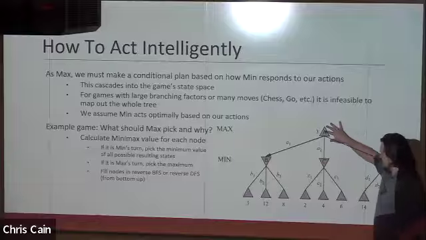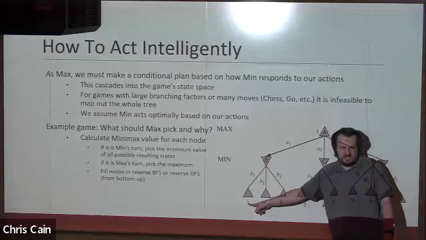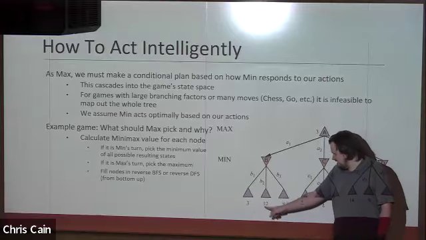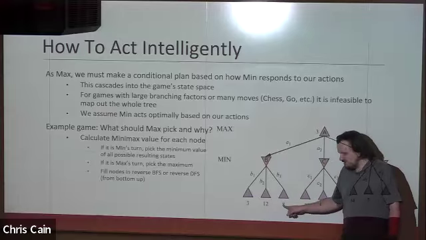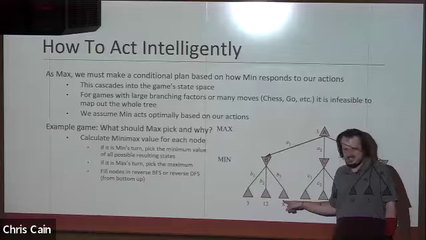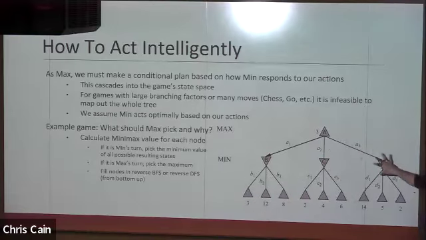So if we go down this path, then Min is going to say, I want to give Max $3 so that I get $11. I don't want to give Max $12 so that I get $2, or both of these don't give Min as much money. So Min wants to go here. And if we end up down either of these paths, then Max doesn't get as much money. So Max doesn't want to choose A2 or A3 because it's actively hurting Max once Min gets a chance to act in its own best interest.